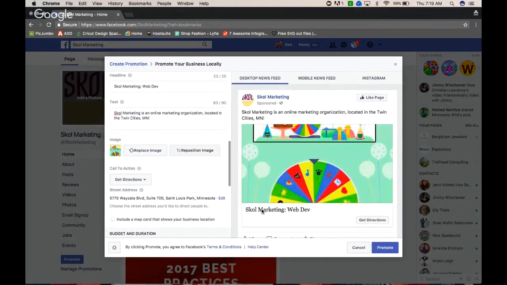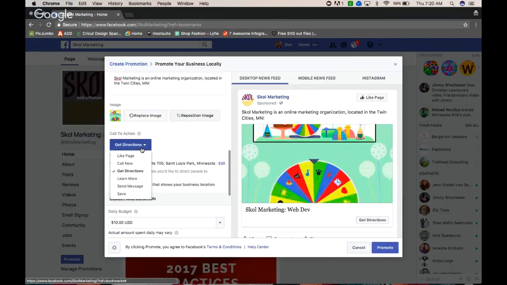It was just being a little fussy there, not wanting to pull in. One thing you want to pay attention to when it comes to the images, though, is you want to stay away from having words in your images. If you have too many words in your images, Facebook will flag them, and you'll get them taken down. So you want to make sure that you don't have many words in there. Usually the rule of thumb is that words should not take up more than 20% of your image. So just keep that in mind.